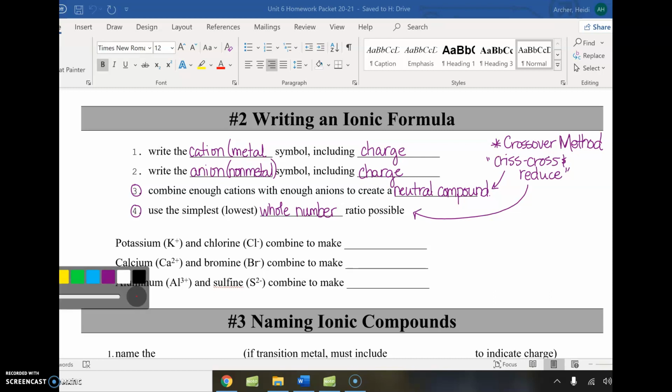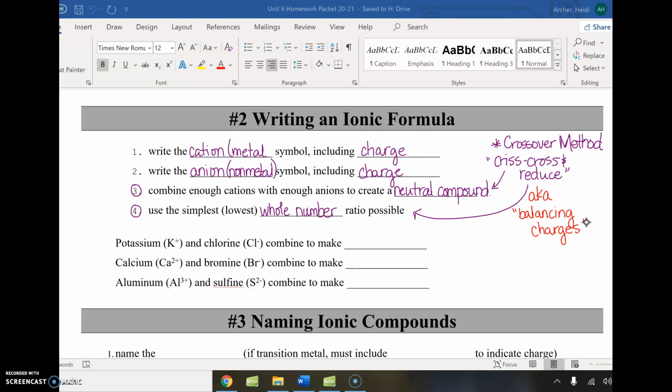This is also known as, AKA, balancing charges. So when I tell you to make a formula by balancing charges, what I'm telling you to do is to do your crisscross and reduce. So use your crossover method.